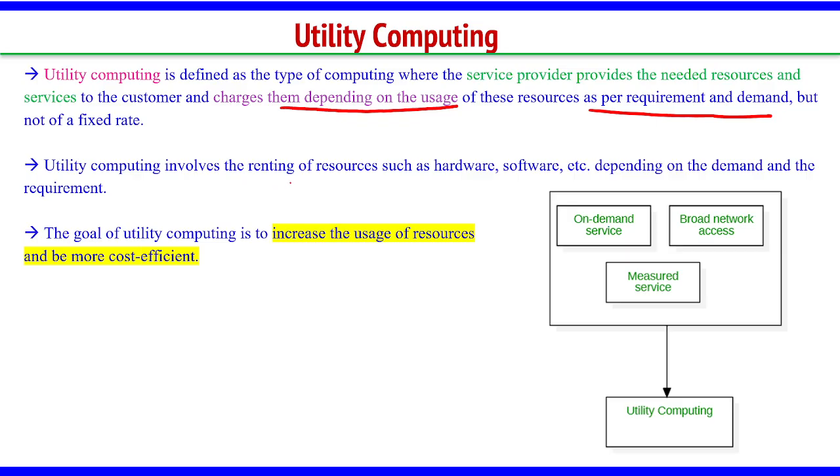Okay, it involves renting of resources like hardware, software, etc. depending on the demand. The main goal is to increase the usage of resources and be more cost efficient, right? So we can take advantage of other people's resources, and we are paying money. We are not getting it for free, we are paying money to them, right? So this is about utility computing.